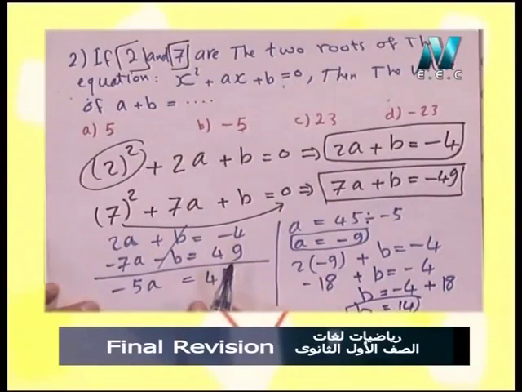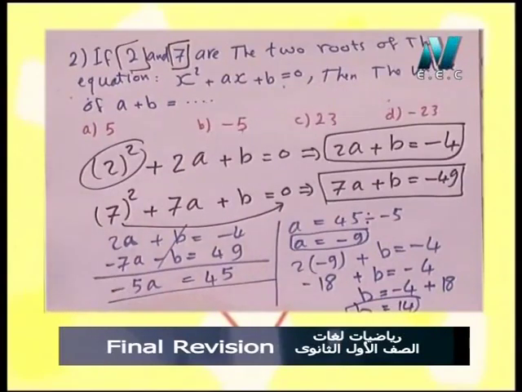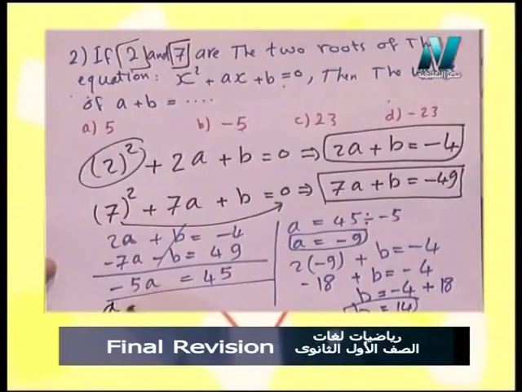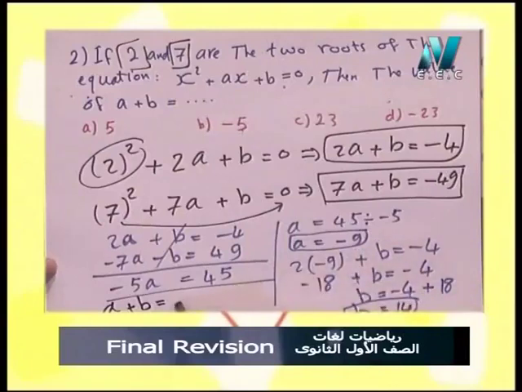Okay. So a plus b here will be equal to negative 9. We would like to find a plus b. a plus b equals negative 9 plus b, which is equal to 14.